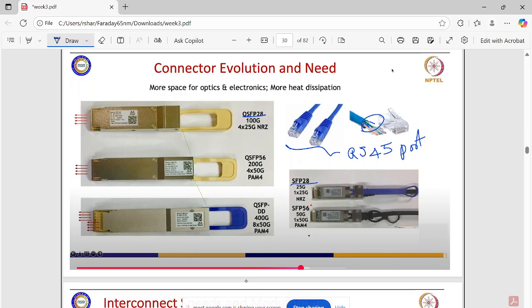These are various connectors which are used to link two systems together or link a system to the switch, and they have different capabilities. But the fundamental capability comes from the fact that we need to send data as fast as possible.